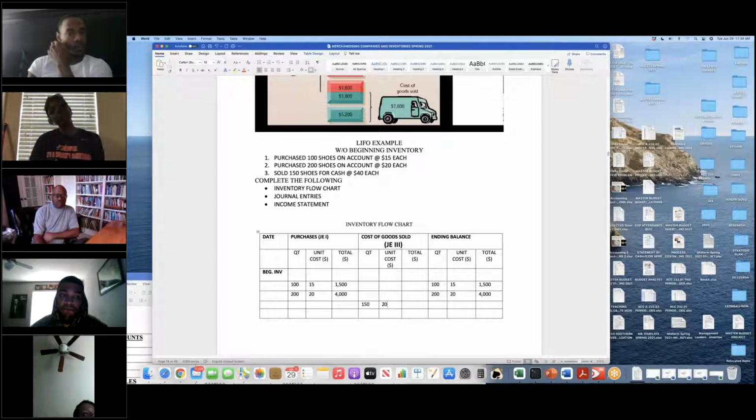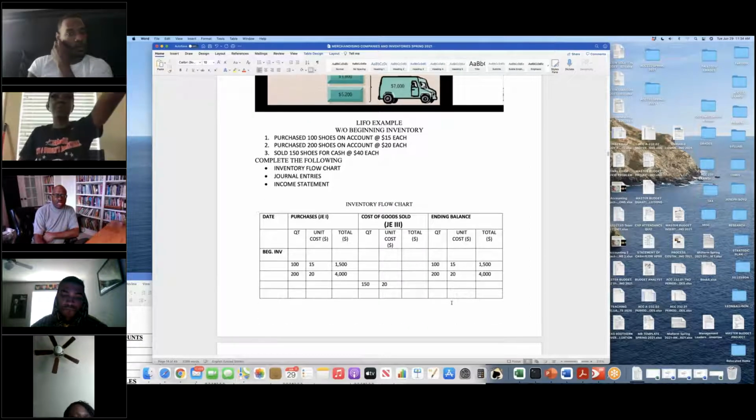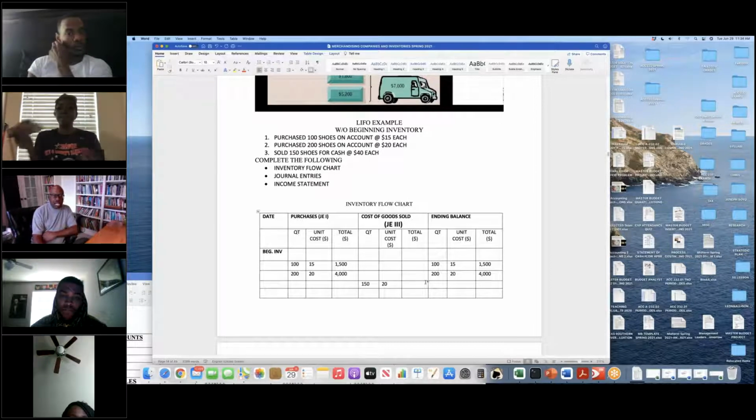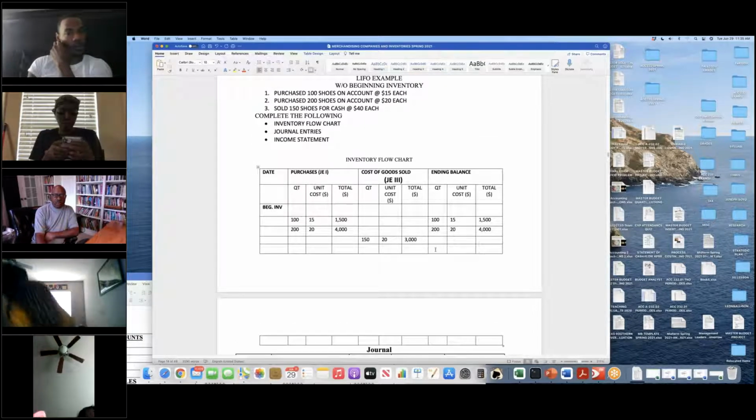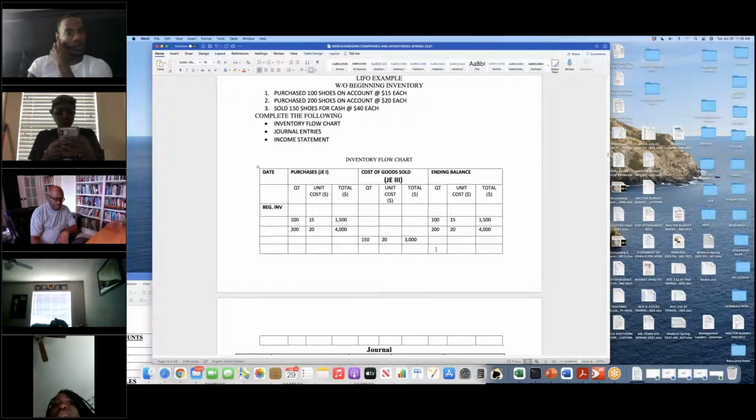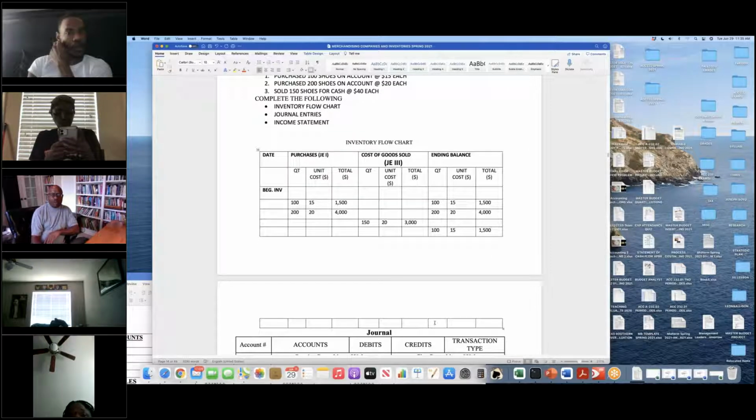So when we make that sale, starting at the bottom now, we're going to sell 150 of the $20 ones, and so our cost of goods sold now is going to be $3,000. What you're going to have left in inventory at this point is 115. So all these old ones are still there. And you're going to have 120.